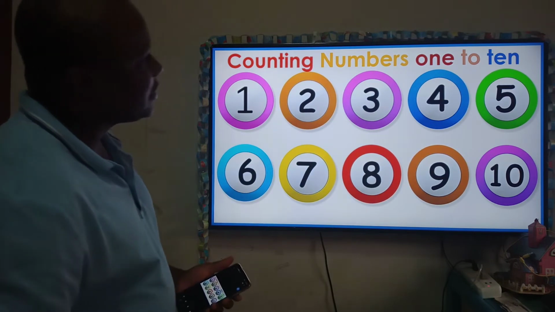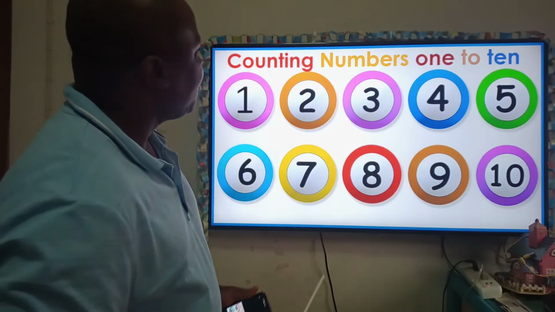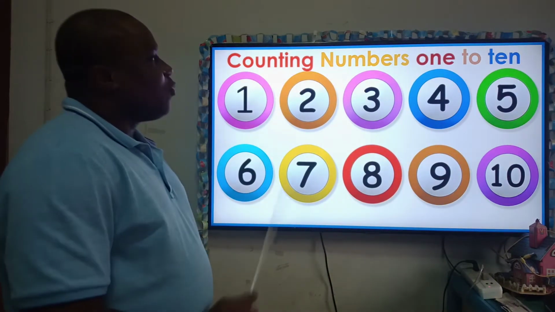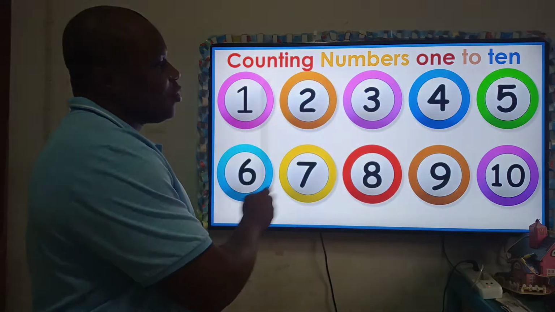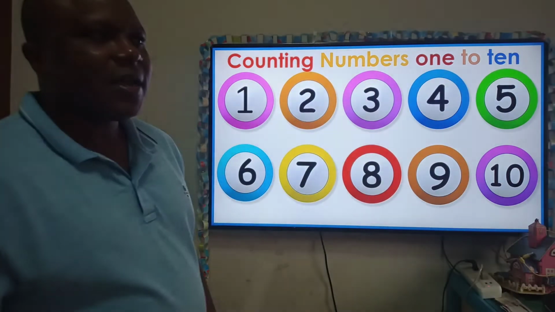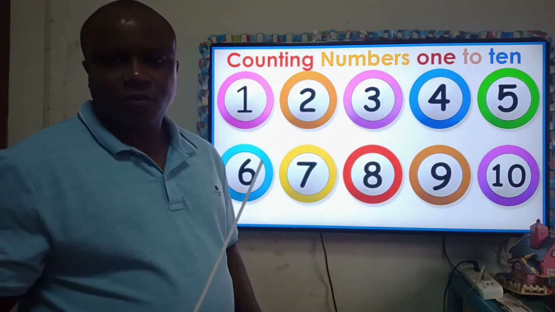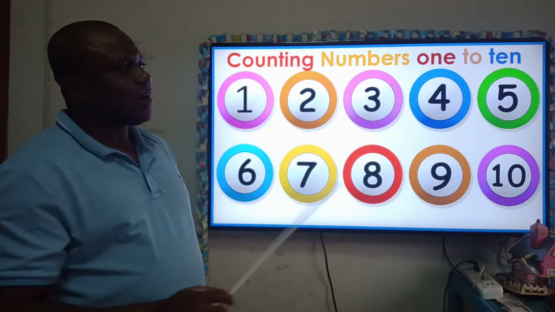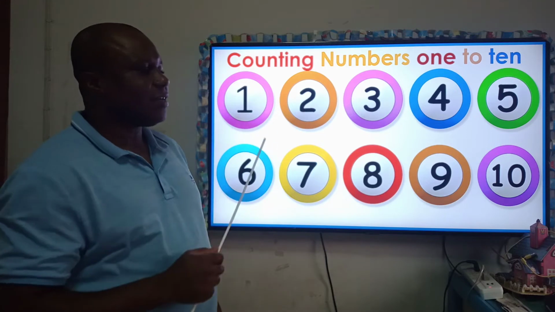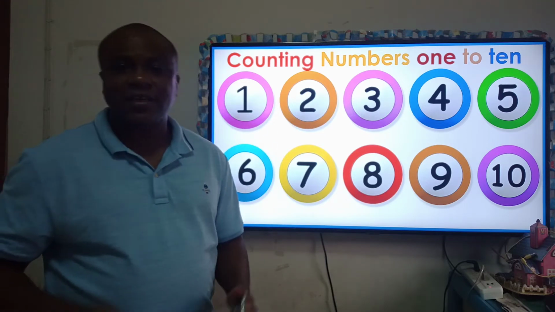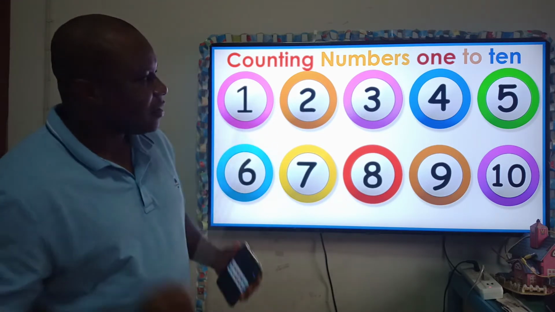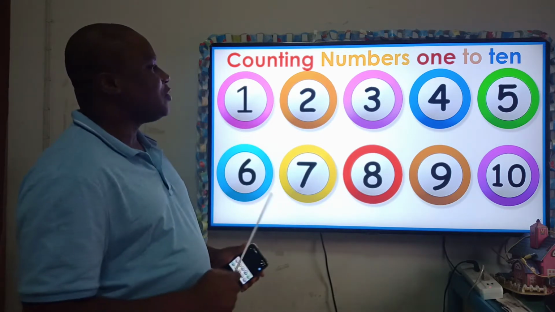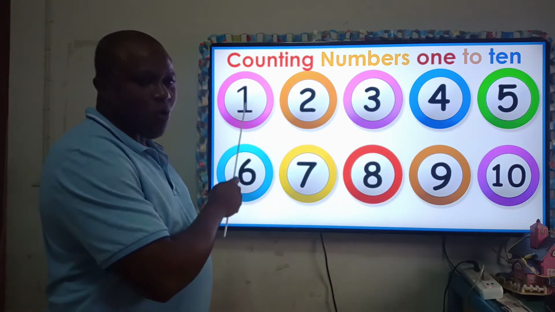So now when you look at this number here, you can see that we start from 1 to 10. So we normally start from 1 to 10 when we are counting. But the reason why I start from 0 to 10 is for you to know that 0 is part of the numbers. But the normal basic number we used to count is what? 1.